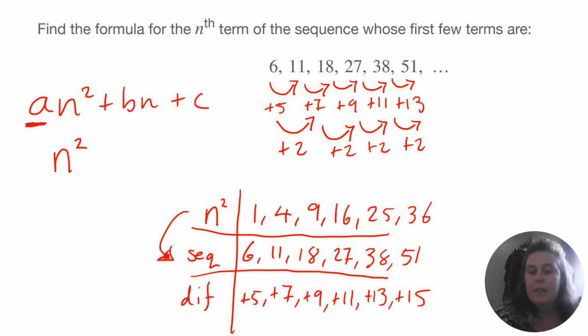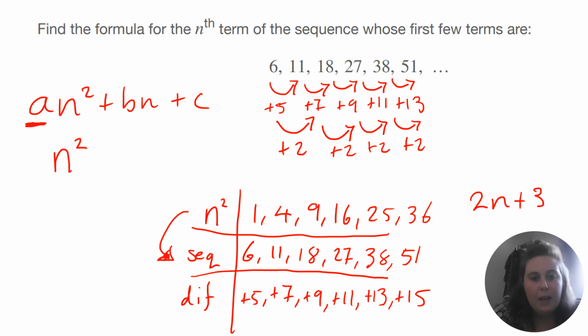So the nth term of this bottom sequence, so 5, 7, 9, 11, 13, and 15, is going to be the linear part of the sequence that we'll add on, so the bn plus c part. We can see they're going up in 2s, so we'll start with 2n. 2n is just the 2 times table, and as we can see, everything is just 3 more than the 2 times table.